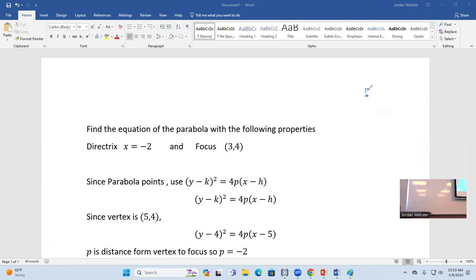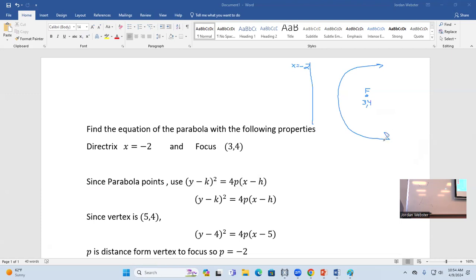So we have this focus here at (3, 4). And if the directrix is at x equals -2, that means the directrix is going to be to the left. Well, first off, x equals a number is a vertical line. And if the focus is at (3, 4) and the directrix is at x equals -2, then the directrix is to the left of the focus.